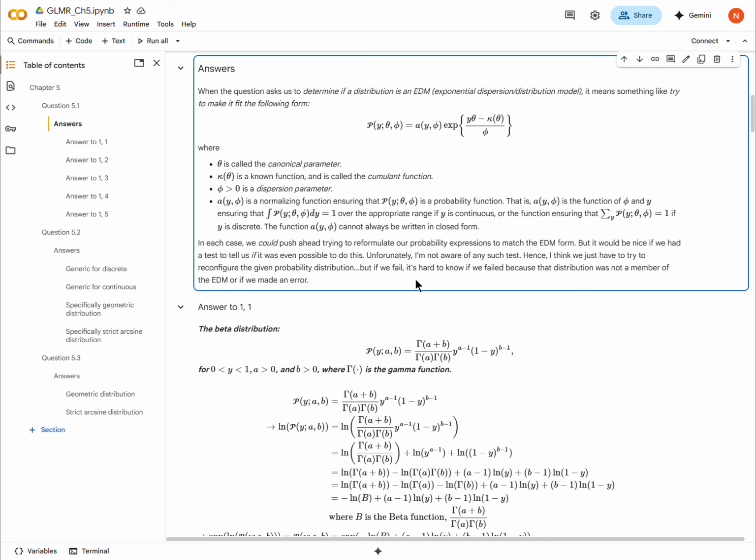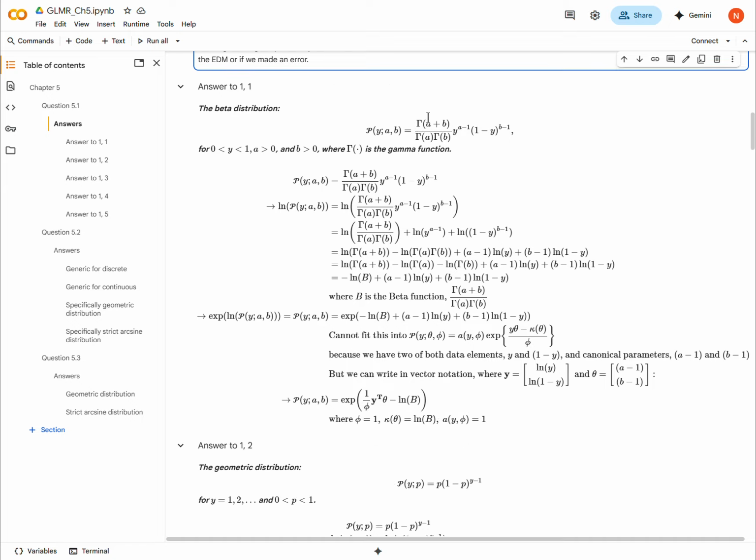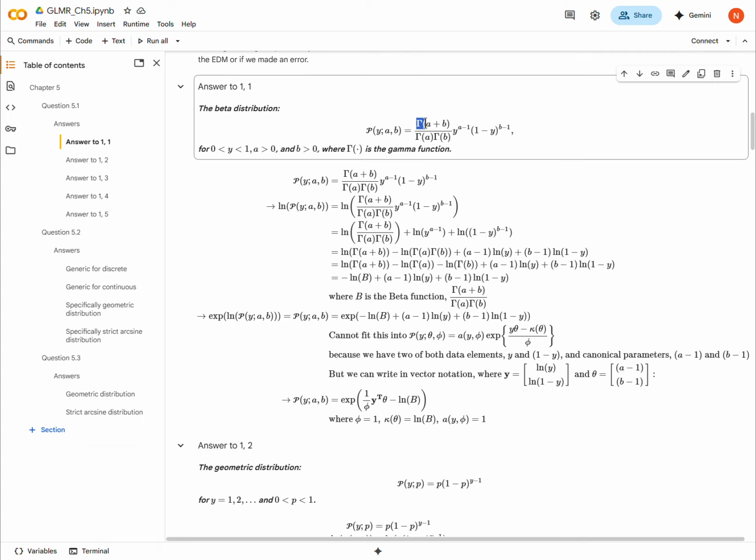Okay, so first up is the beta distribution, and this is an unfortunate one to start with because you have to be familiar with what this beta function is here, or gamma function, I'm sorry. You use the gamma function to define the beta function, but whatever. So here is all of my math right here.